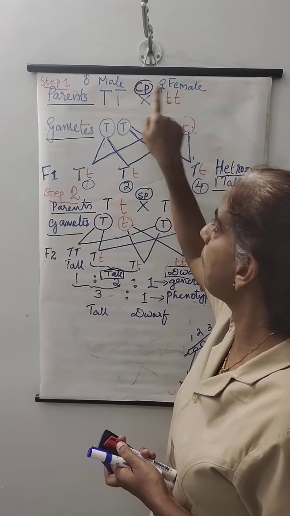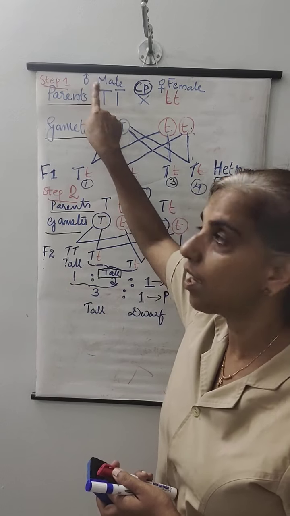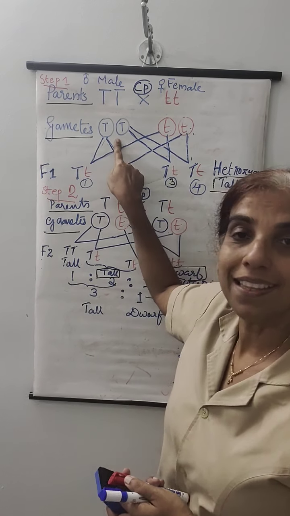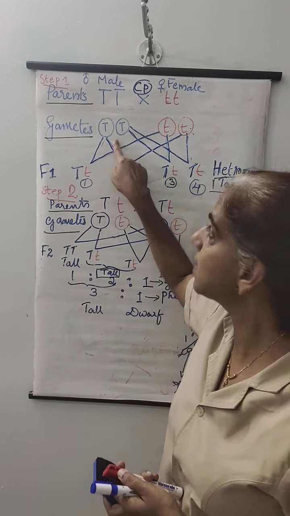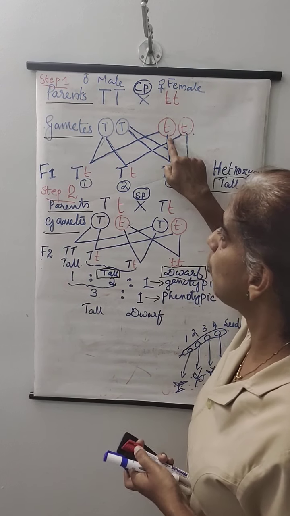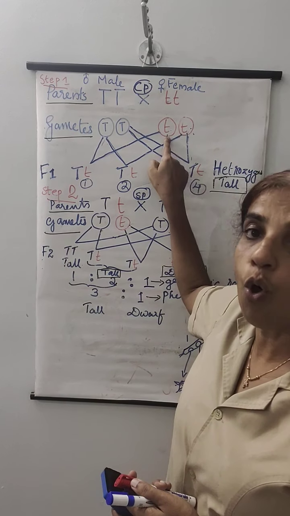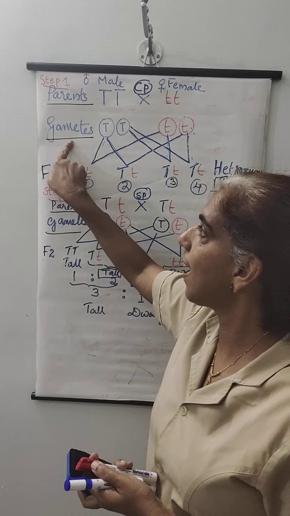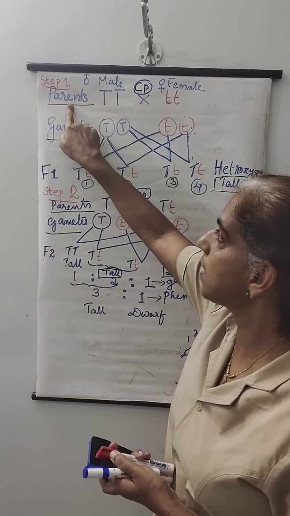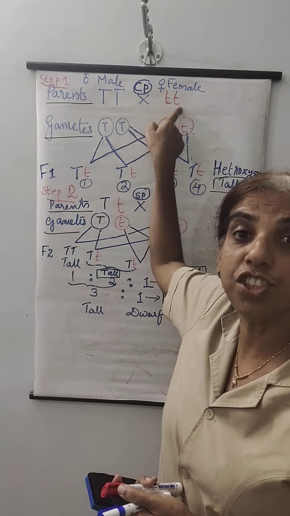So here both parents, the male parent will contribute the pollen grains, and the female parent will contribute the ovules. So here you can write gametes. The first step will be the parental genotype.